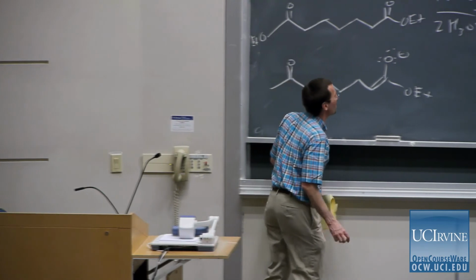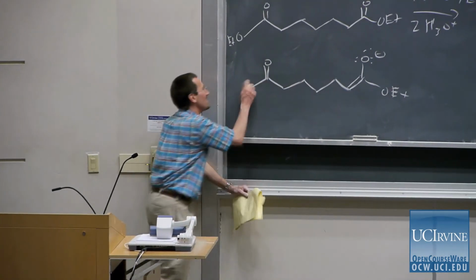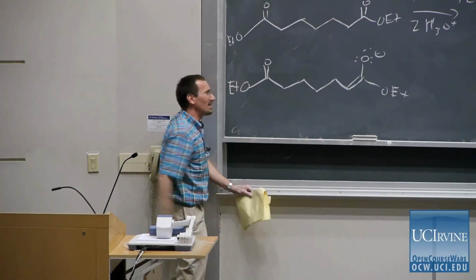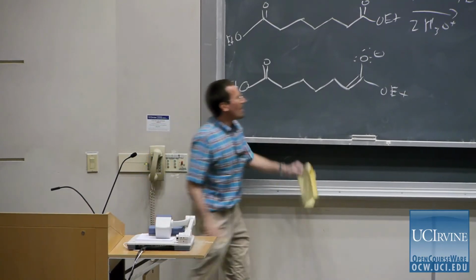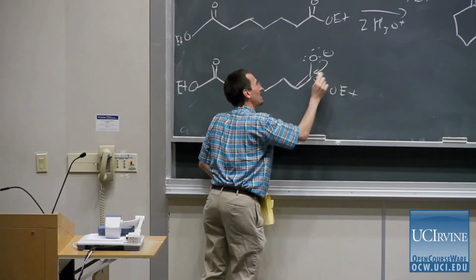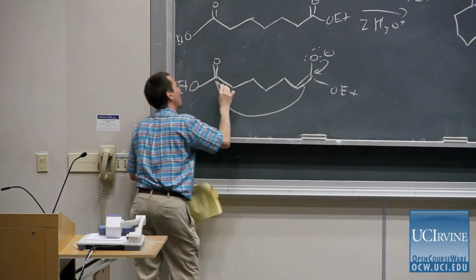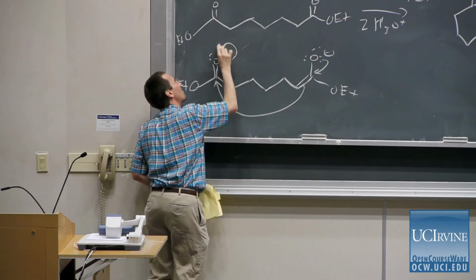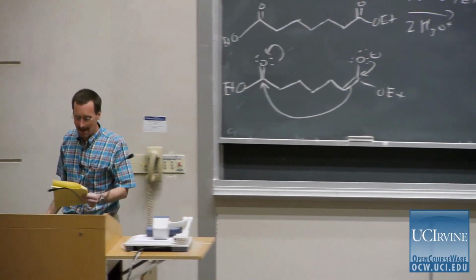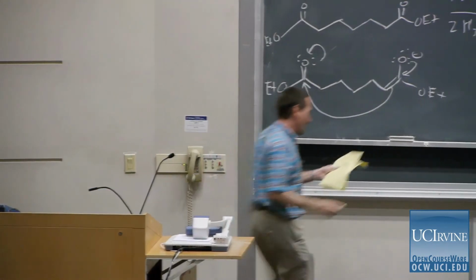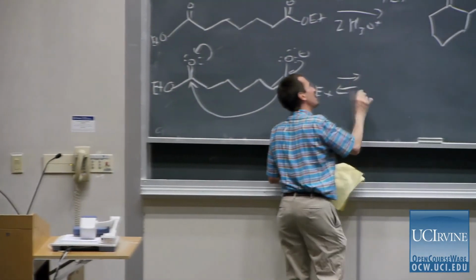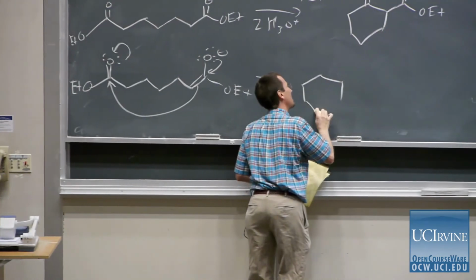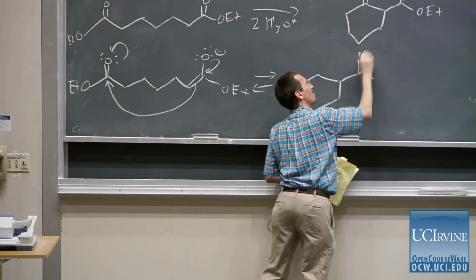I'm getting punchy up here. Our enolate can react intramolecularly. We push our arrows up onto the oxygen, forms a 6-membered ring. Our tetrahedral intermediate is a 6-membered ring.